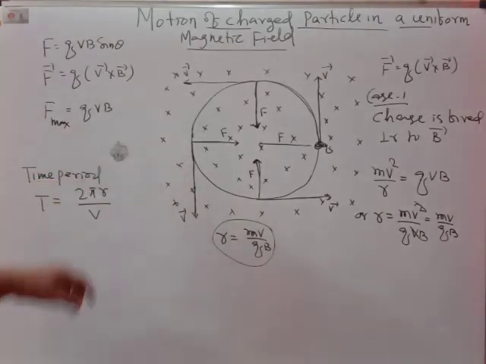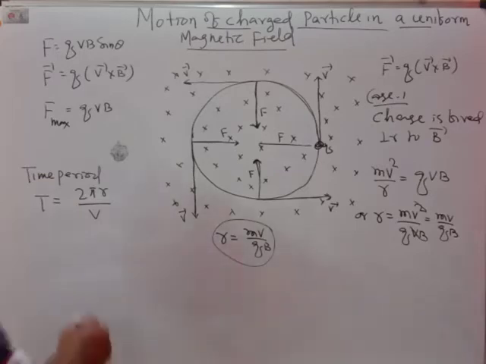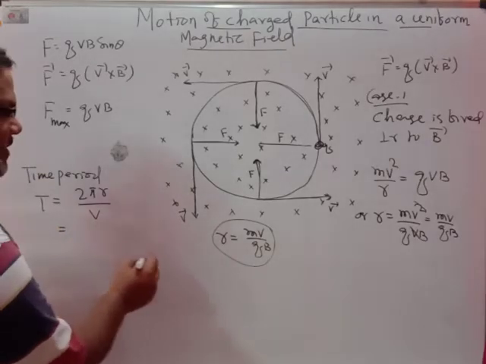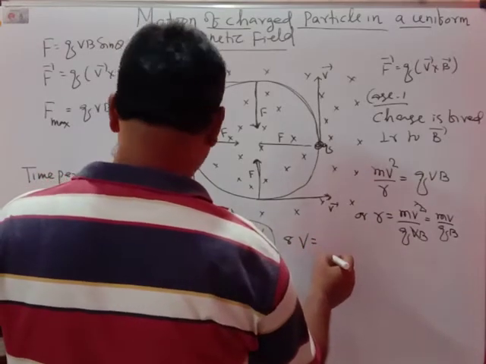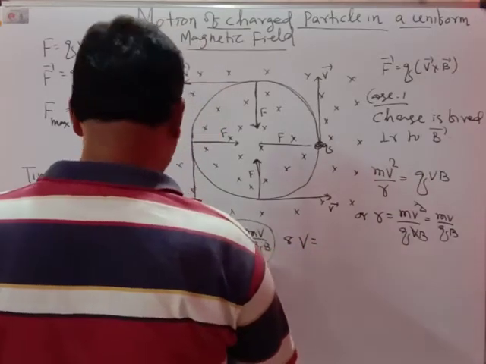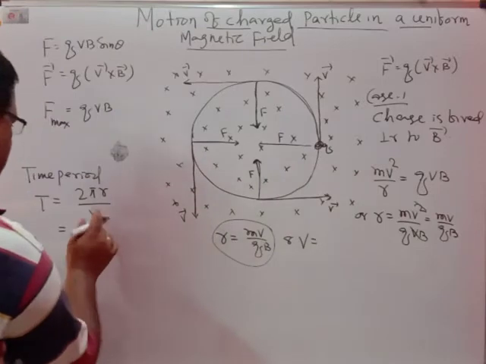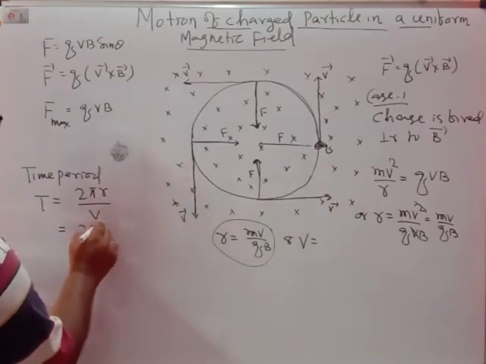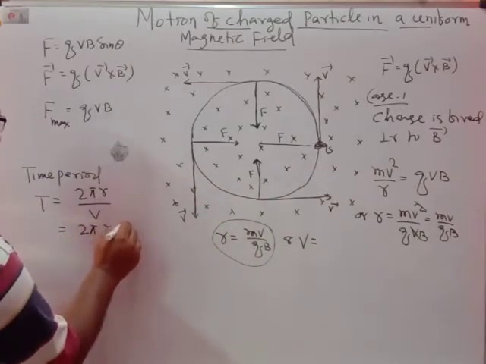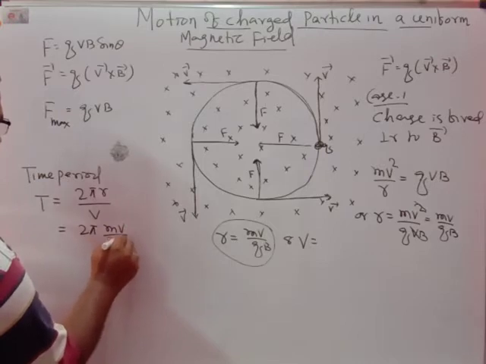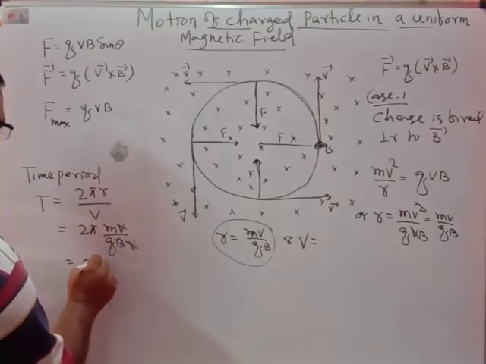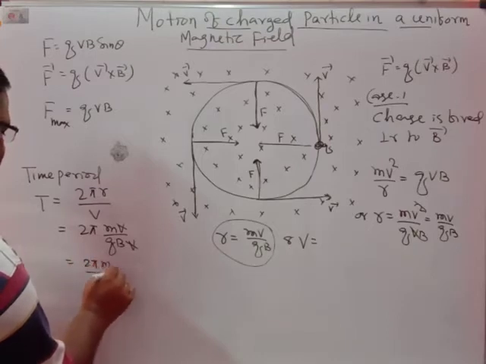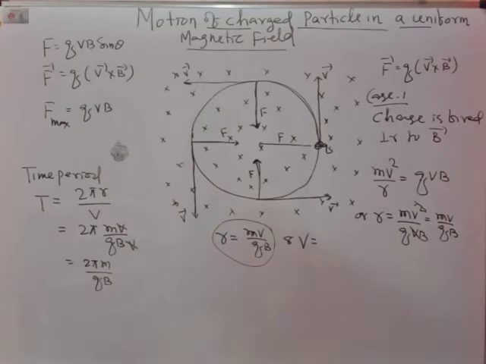Or v equals 2 pi r upon T. Putting in the value of r, 2 pi r equals mv upon qB into v, and that v cancels. You are finding 2 pi m upon qB is the time period.